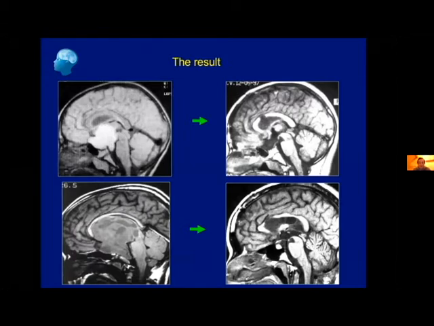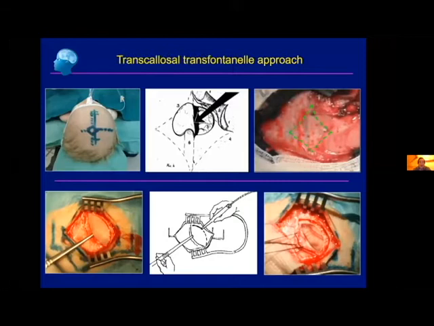Other peculiarities I should outline for the transcallosal transfontanelle approach in neonates. This is the fontanelle, and we have to separate and partly resect the edge of the frontal bone.